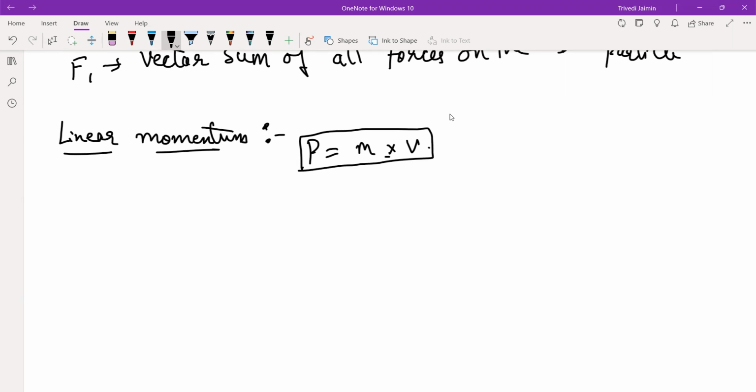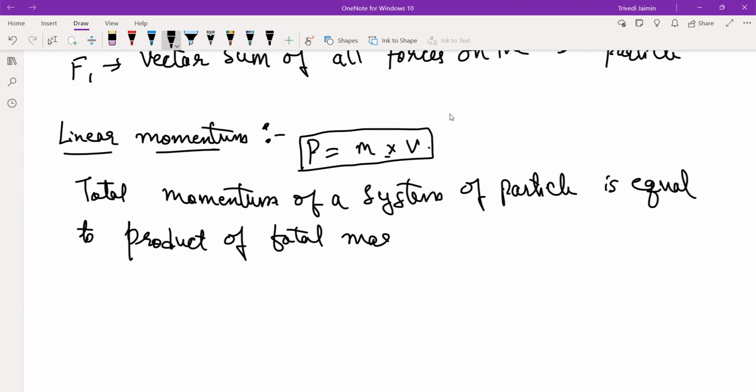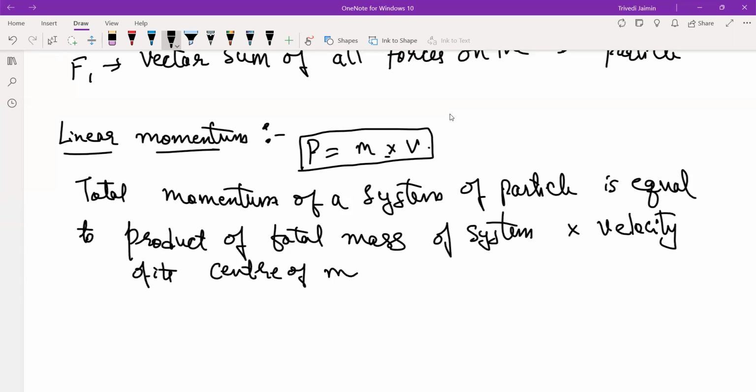So let's make a definition, or write a statement. Total momentum of a system of particles is equal to the product of total mass of the system and the velocity, or multiplied by the velocity, of its center of mass.